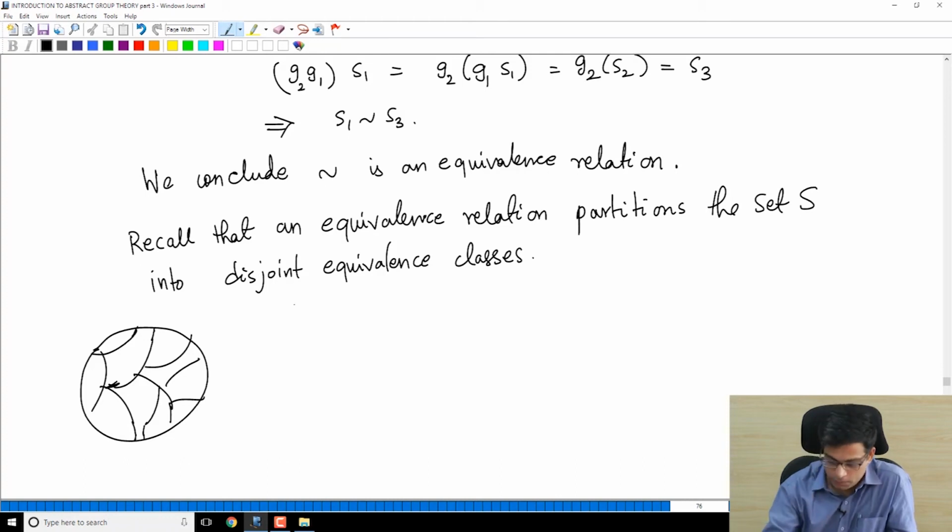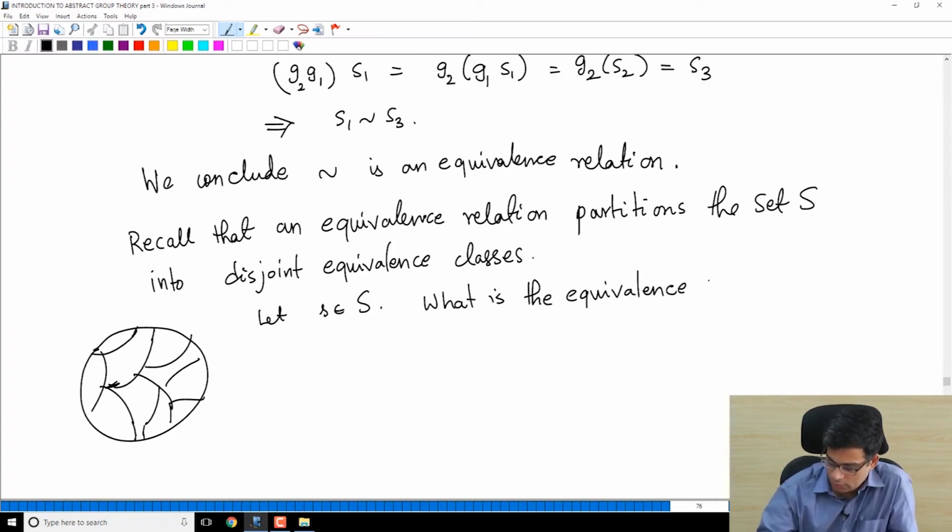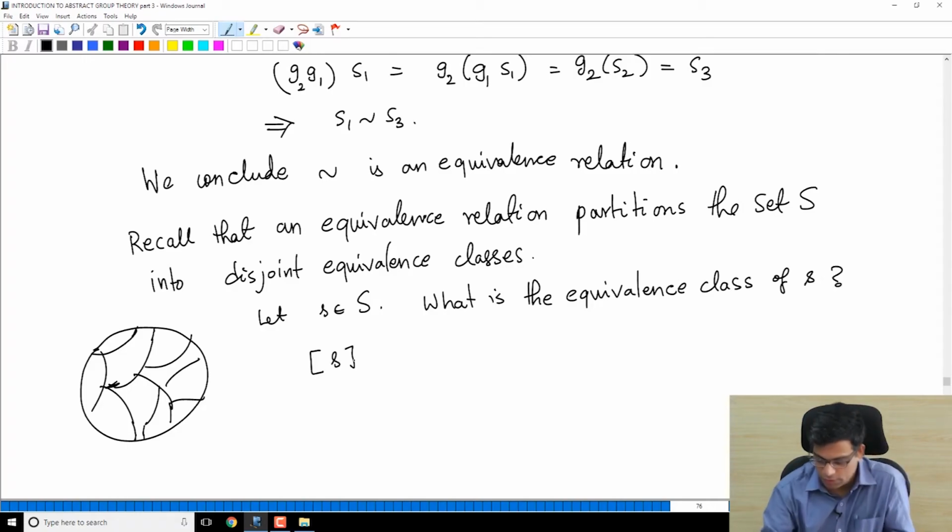Okay, so now in this example of an equivalence relation, now that we have a group action on a set, let us take a small s in capital S. What is the equivalence class? Let's compute the equivalence class of s. In the earlier situation we denoted equivalence classes by this symbol.